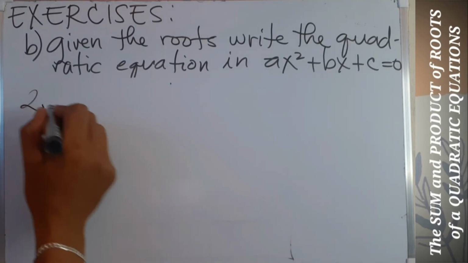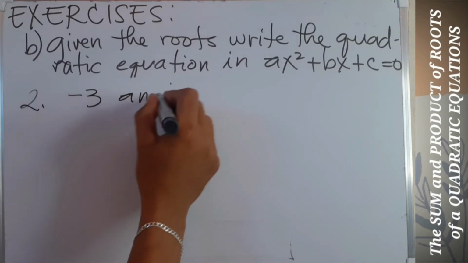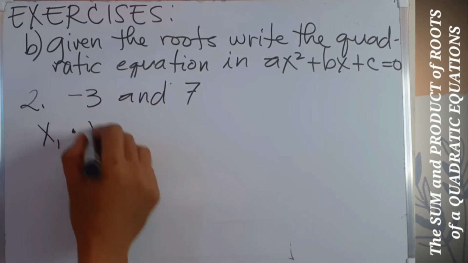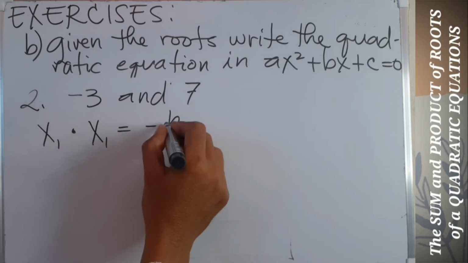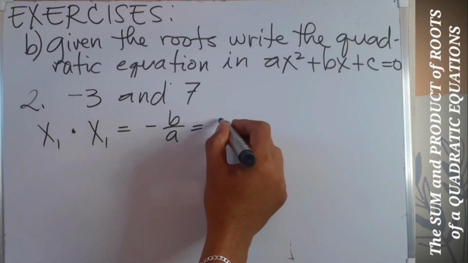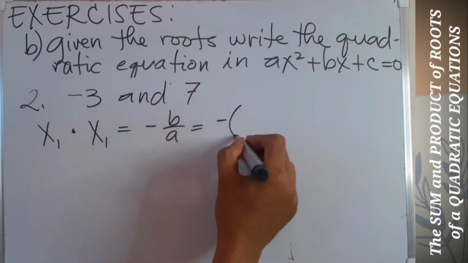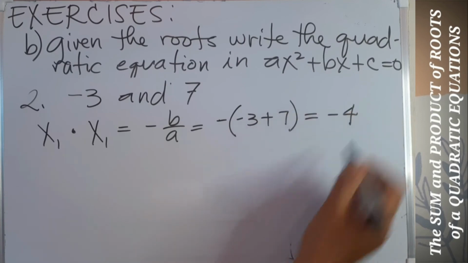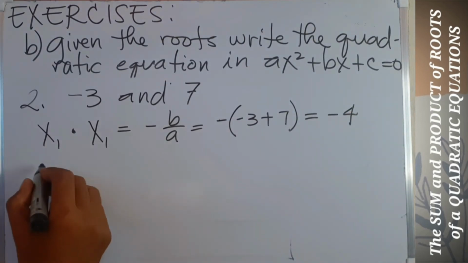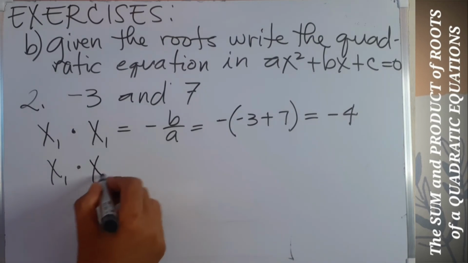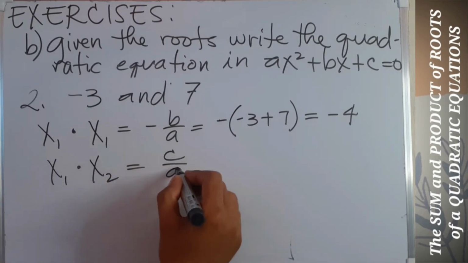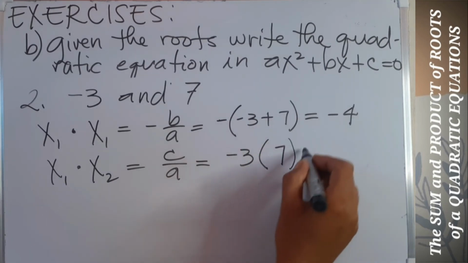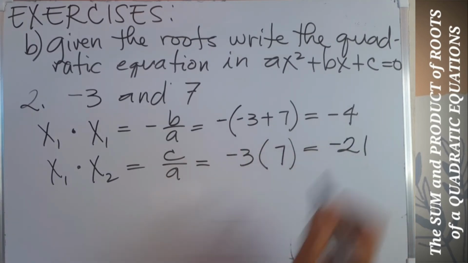Number 2, the roots are negative 3 and 7. The sum of the roots equals negative 3 plus 7 equals negative 4. The product of the roots equals c over a equals negative 3 times positive 7 equals negative 21.